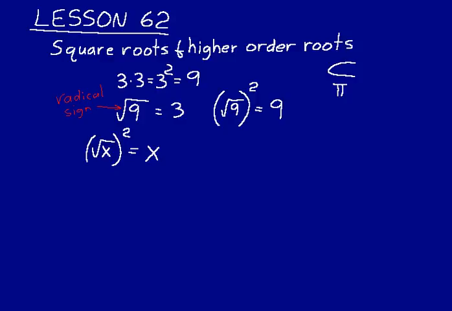A radical sign, it actually represents a number. And in fact, if you just have a radical sign by itself, it represents the 1/2 power. So another way of writing that statement, square root of x squared equals x, we can write it like this: x to the 1/2 power squared equals x.